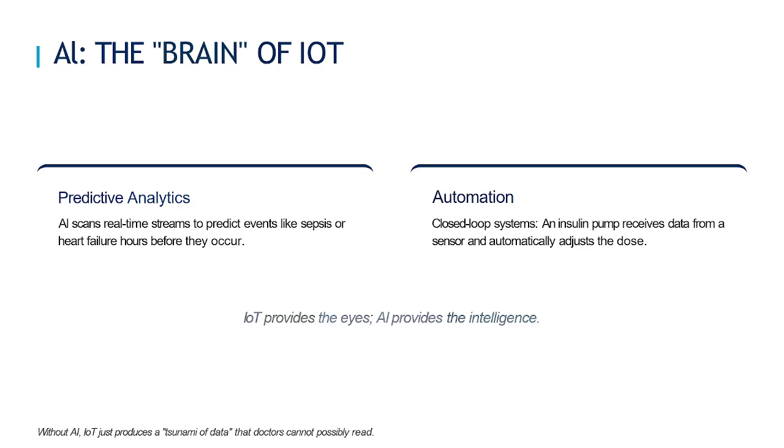Without AI, healthcare professionals would struggle to analyze the overwhelming amount of information produced by connected devices. Therefore, the Internet of Things provides the data, while AI provides the intelligence needed for smarter healthcare decisions.